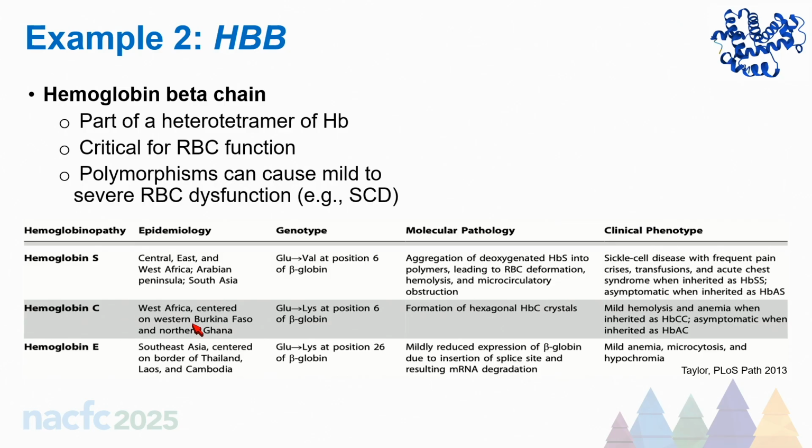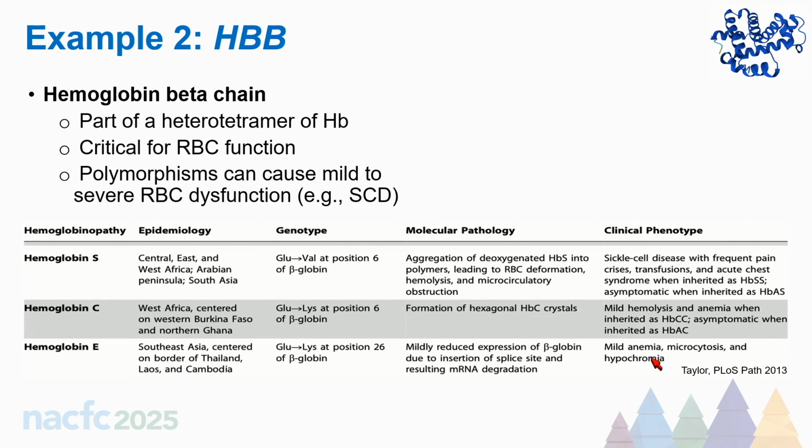Hemoglobin C in West Africa, same site, different mutation, not a full-blown issue, but some mild hemolysis and anemia when inherited at the homozygous level. And hemoglobin E, this one is in Asia, different mutation, and also mild anemia.